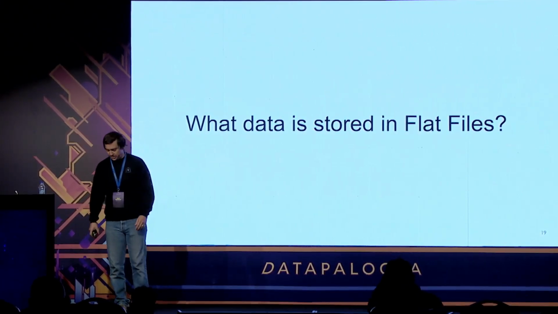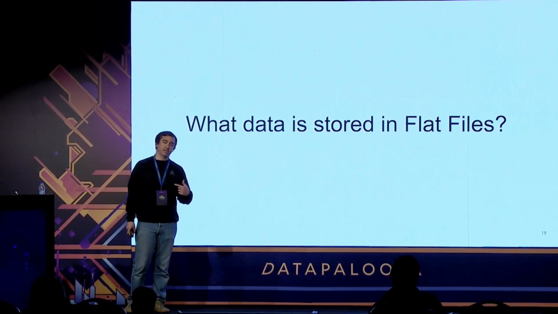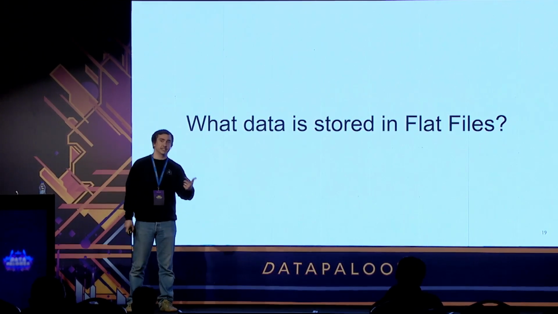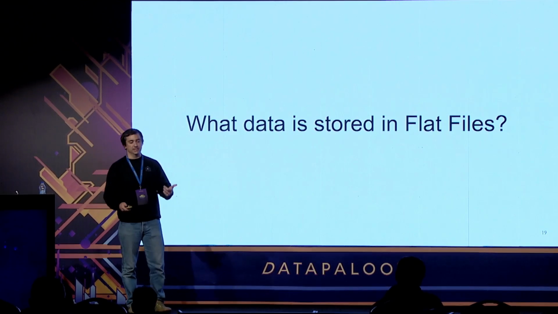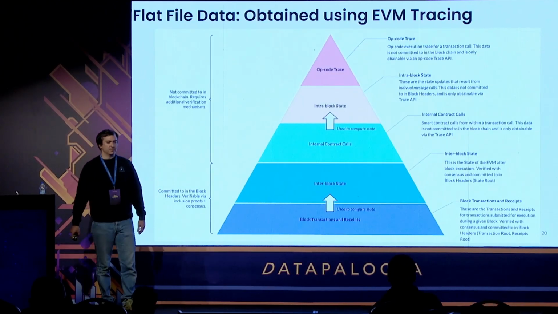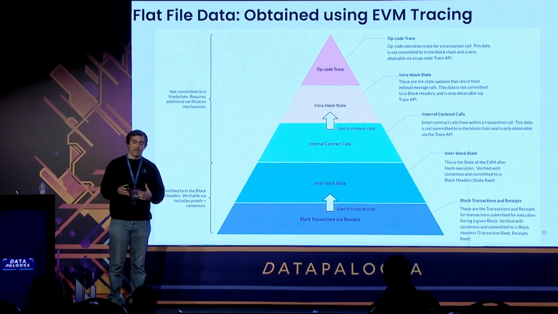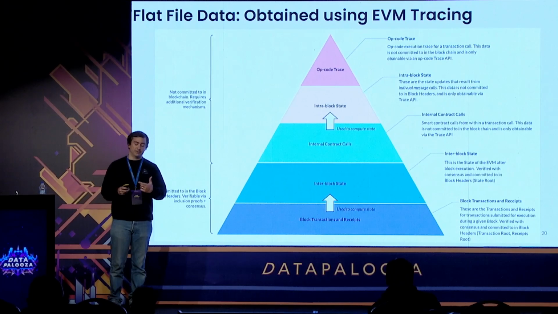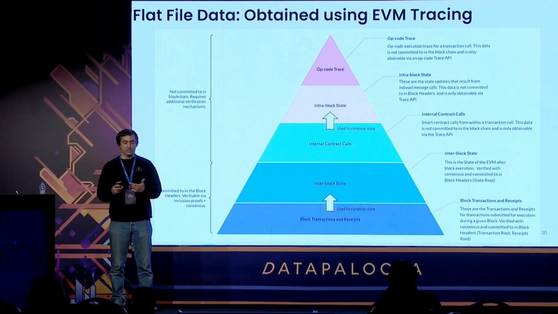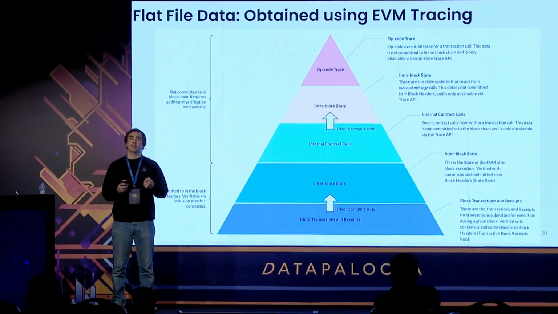So now the question is, how are they verifiable? What we actually want to look at is, if we're talking about verifying these flat files, really what we mean is, how do we verify the data that's stored in these flat files? And so then, what data is actually stored in these flat files? The way that Firehose works under the hood is you have your specially instrumented full node. Really what that means is Firehose is tapping the tracing API output of your full node.